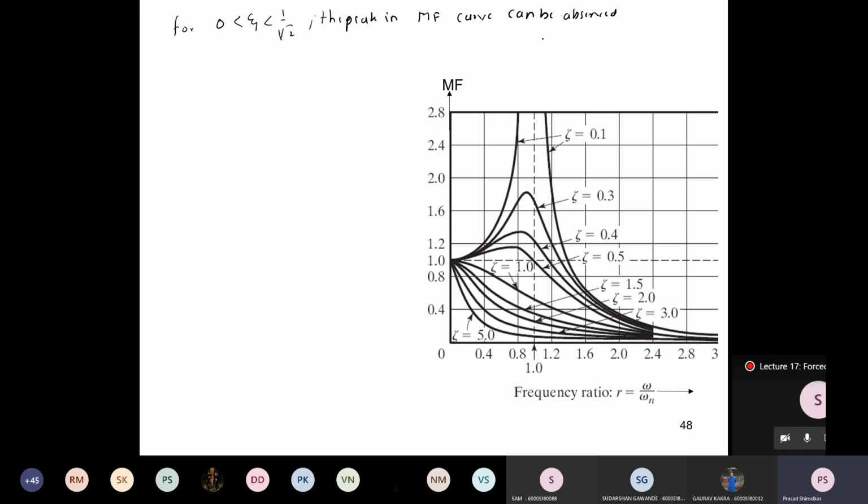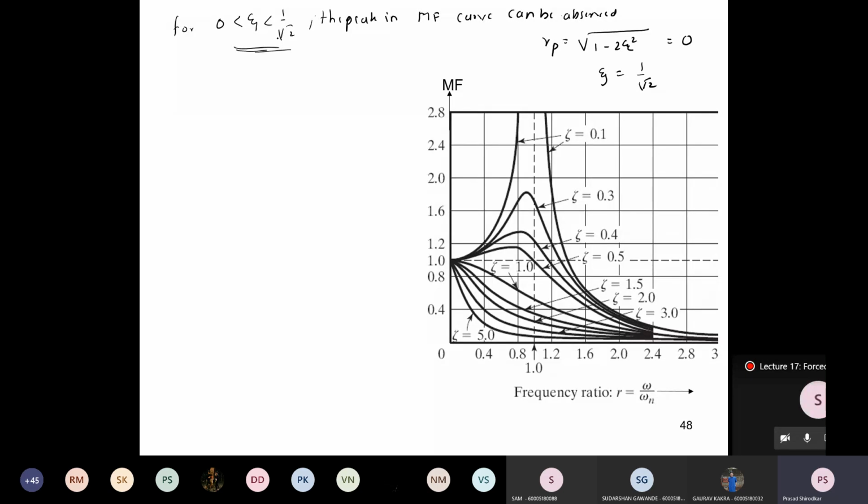Now where did I get this root 2? The peak magnification factor is square root of 1 minus 2 zeta square. So this, assuming the limiting value is 0, when I put this, I get zeta is equal to 1 by root 2. So the damping ratio should be between 0 to 1 by root 2.